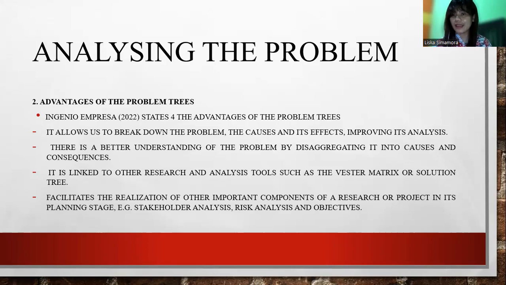So if we want to display our problem in a problem tree approach, in the root part we have to determine many roots, many causes, represented by the roots on the ground. So the cause can be broken down, and also the problem as well.